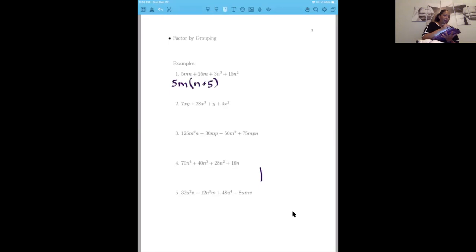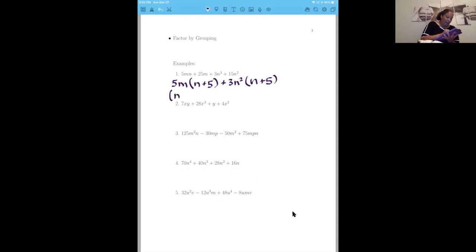Now I want to group the third and fourth terms together, so my second grouping. And what they have in common is a 3n squared. When I factor out a 3n squared from 3n cubed, I have an n left. And when I factor out from a 15n squared, I have a 5 left. Now these 2 terms have a quantity of n plus 5 in common.